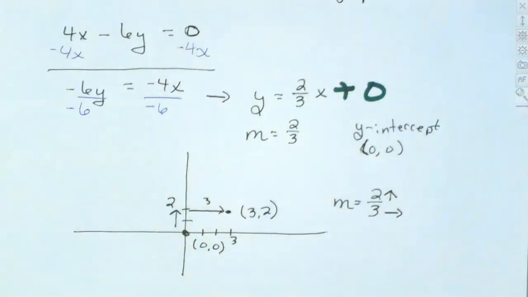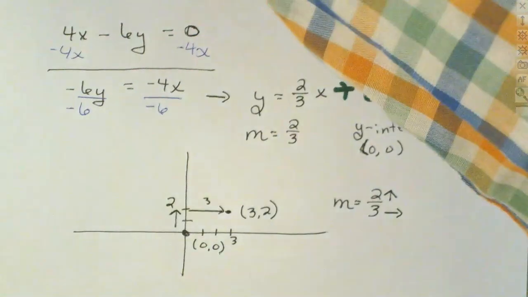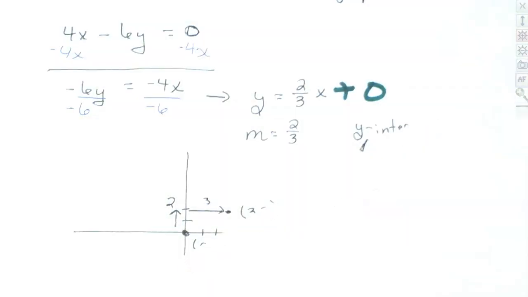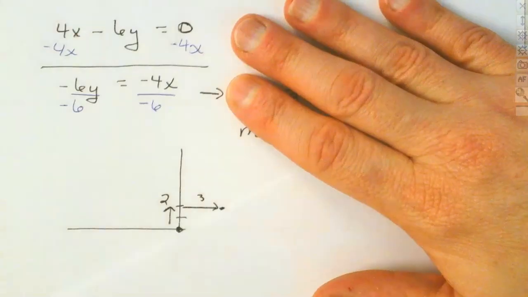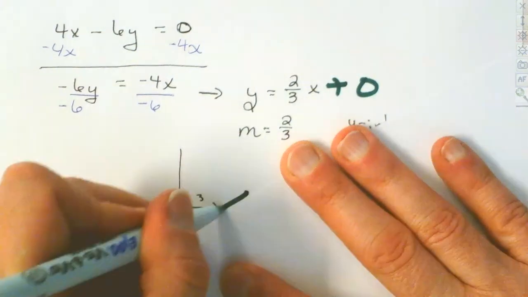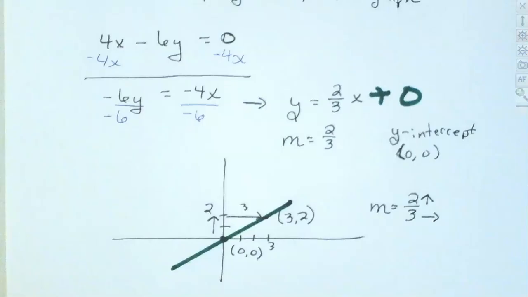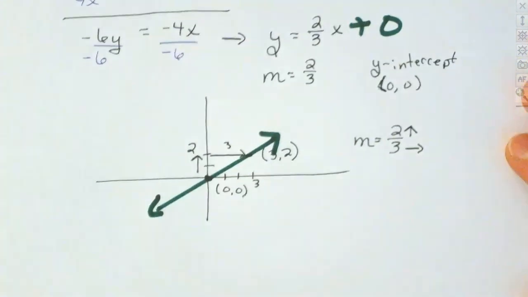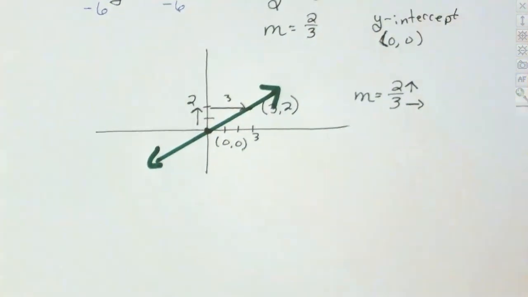And we can connect these together, and there's our line. So simple enough there. We just connect them together. Okay, so that's all you need to do on that. Let's look at another one.